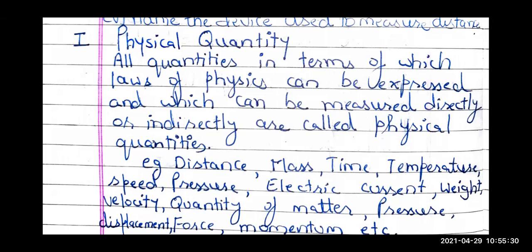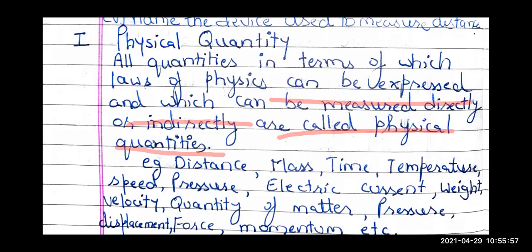Indirectly is, for example, pressure. We have a pressure gauge to measure it directly. But if you want to find pressure, you can first measure force, and you can measure area. You know, pressure is force upon area. Right, beta? So all the quantities which can be measured directly or indirectly are called physical quantities.